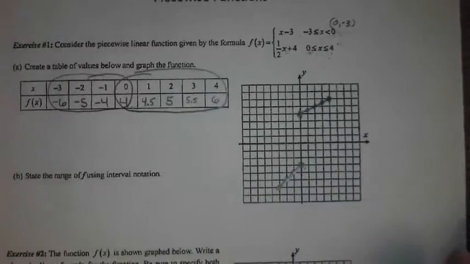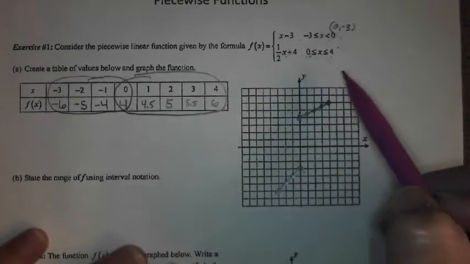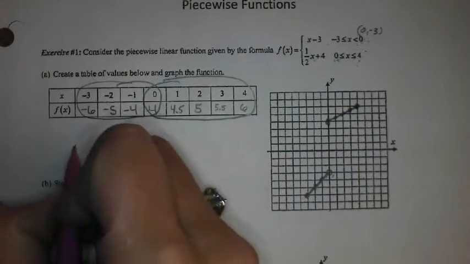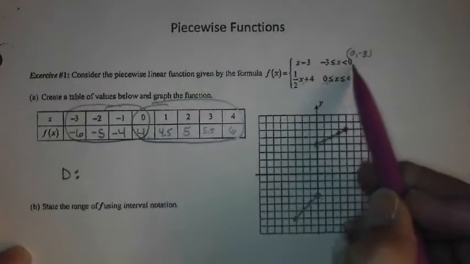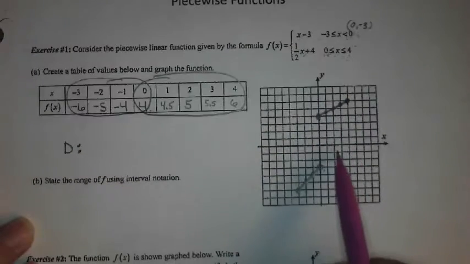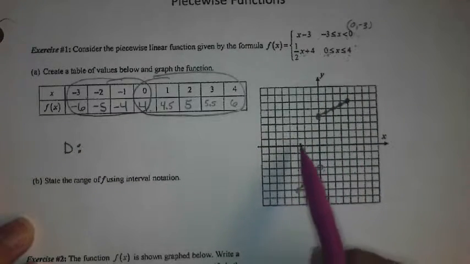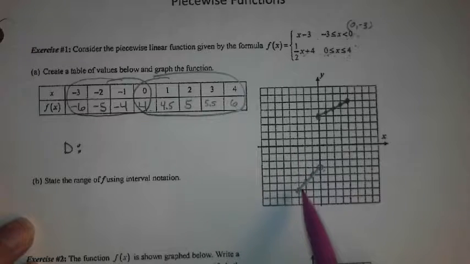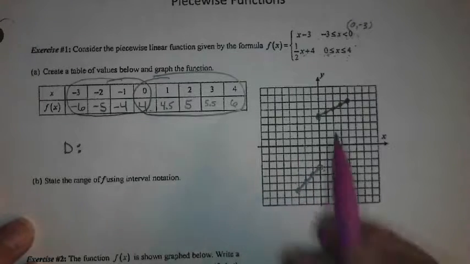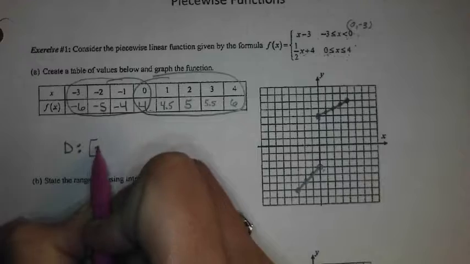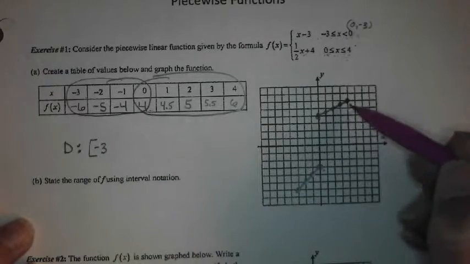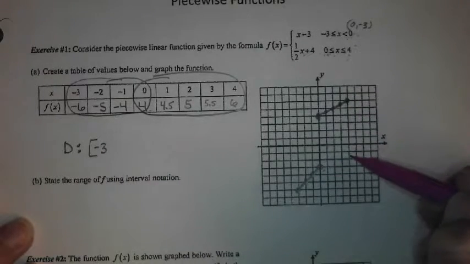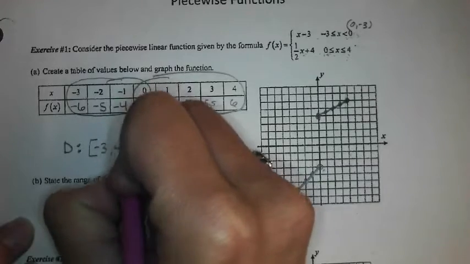Now, the domain here, I know this says range, but the domain is from, what's the lowest point to the left? -3. Is that included? Yes, we use brackets. Up until 4, and that's included.